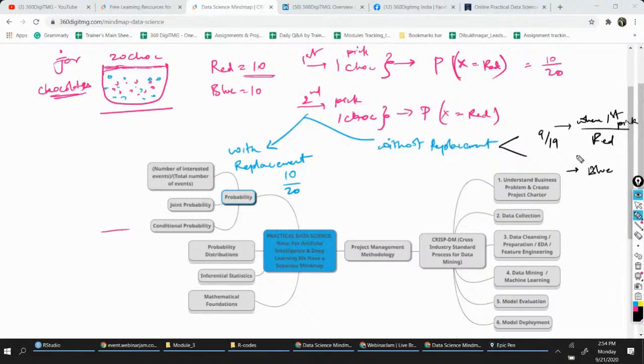If the first pick would have been blue, then in the jar you will have 19 chocolates only, because the first chocolate was consumed. It was not put back. But all the red chocolates would be there, right? So the answer would be 10 by 19 in this case, isn't it?